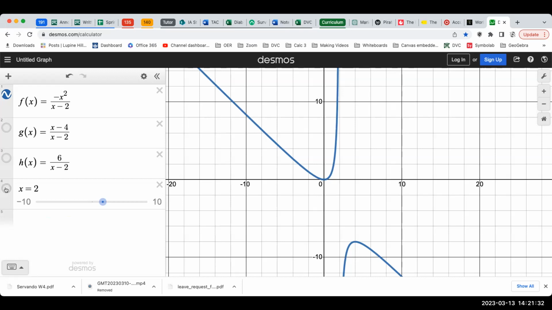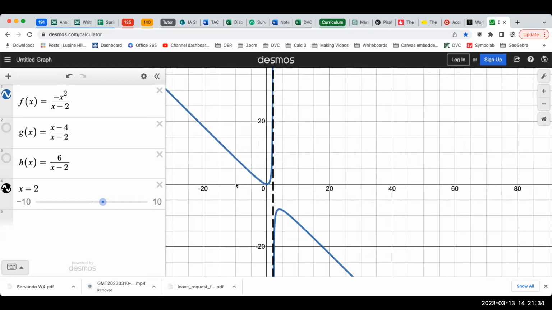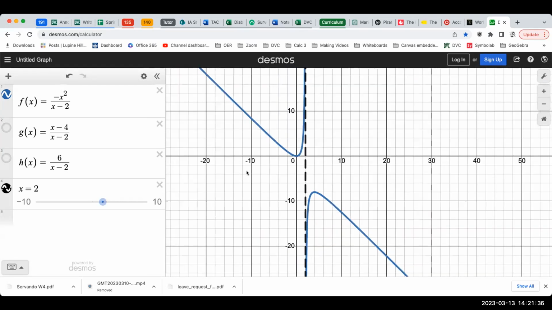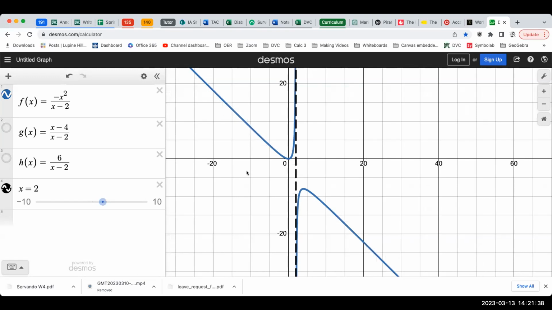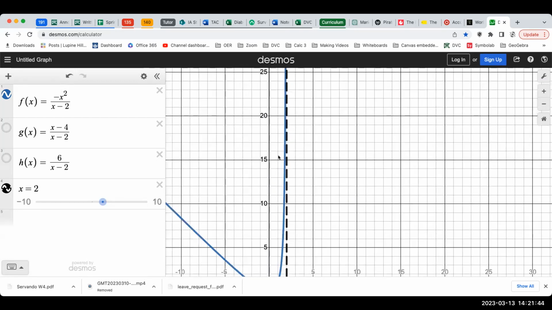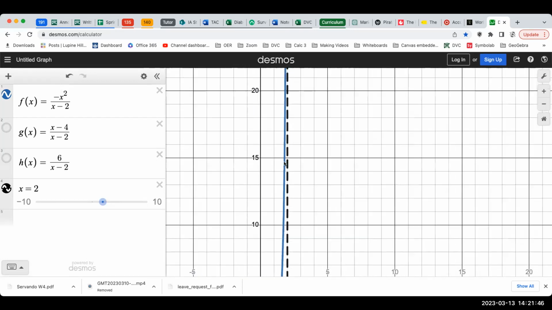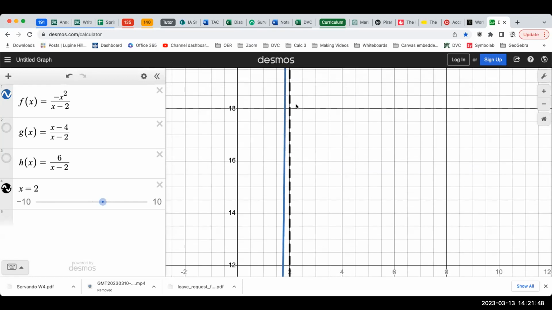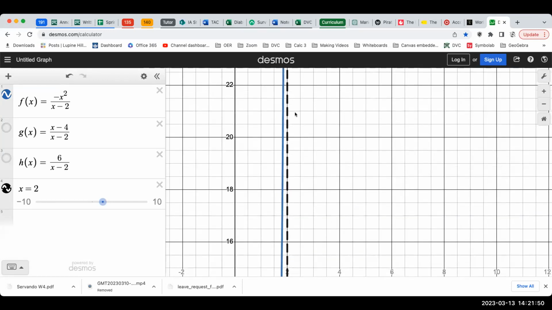But I want you guys to notice what happened to the graph at x equals 2. It doesn't touch it. It's kind of like a barrier, right? And I want you guys to notice the blue graph. Does it ever actually touch where x equals 2?